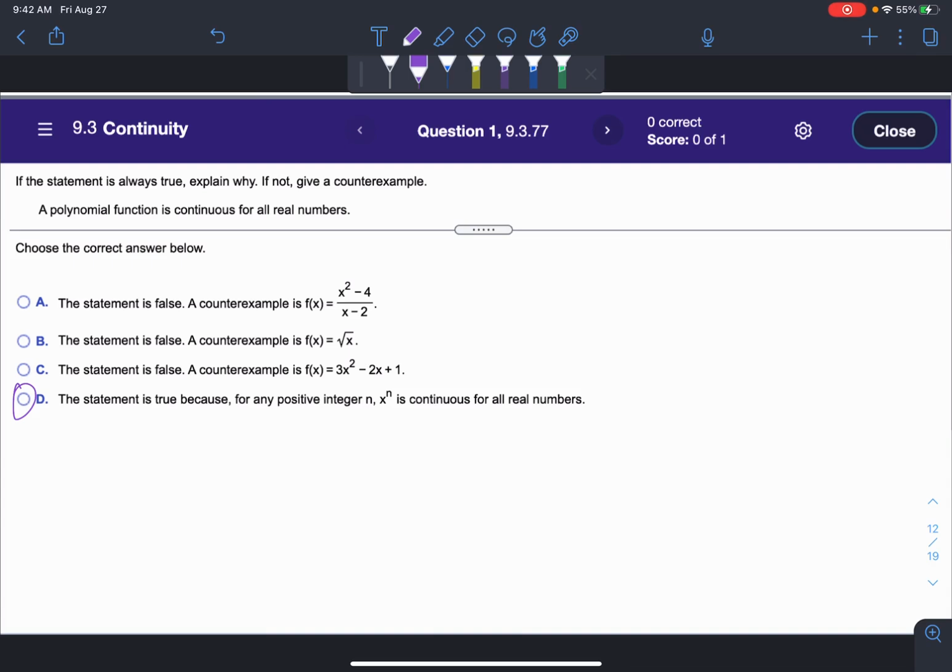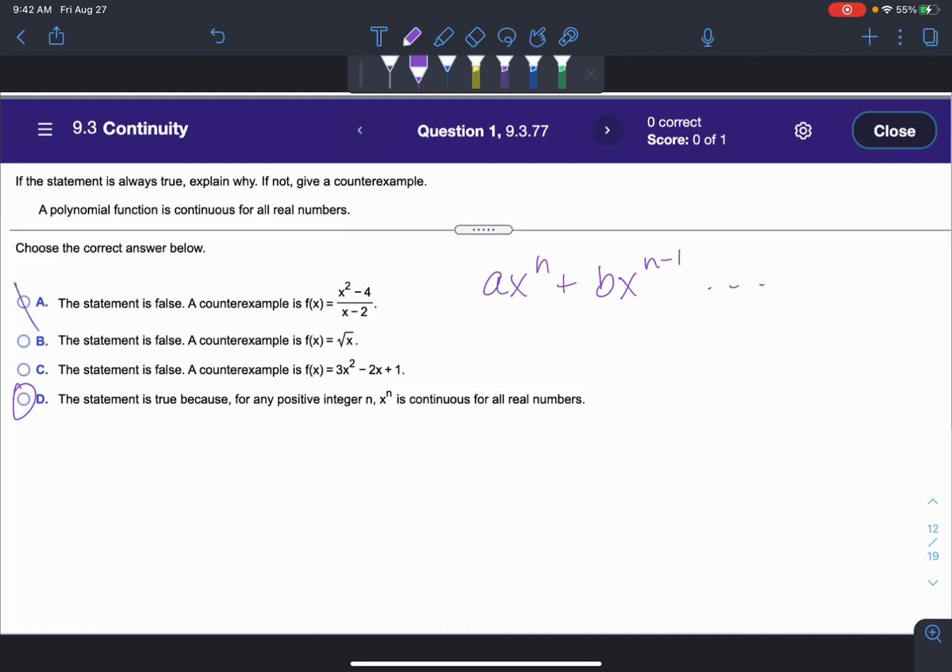So this statement's false. A counterexample is f of x is this rational function. Well, that's not exactly a polynomial, right? It doesn't fit the form of a x to the n plus b x to the n minus 1 and so on. So that's why A isn't it.